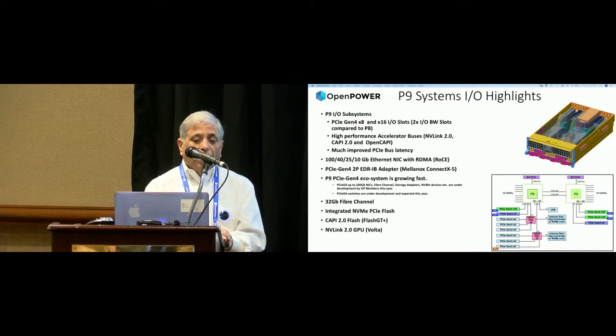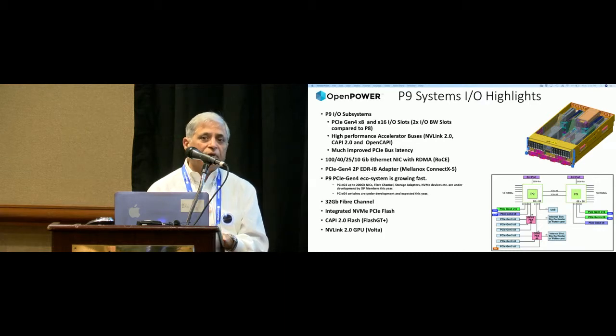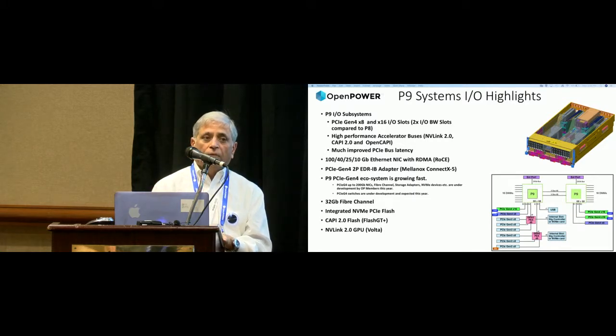So as I said, we also improved the latency part, and I have some data to share with you on that part. In addition to bringing the I/O infrastructure improvements, we are also working with partners to bring higher speed I/O adapters supported.